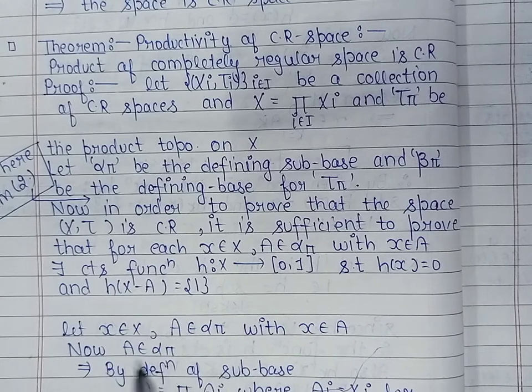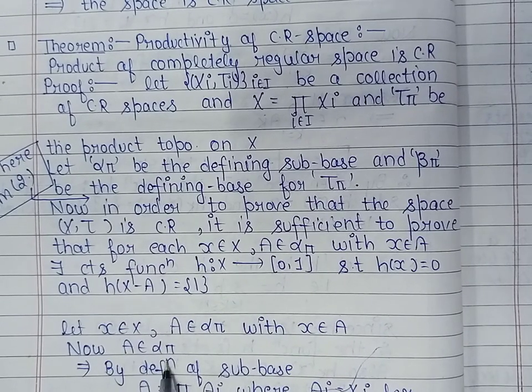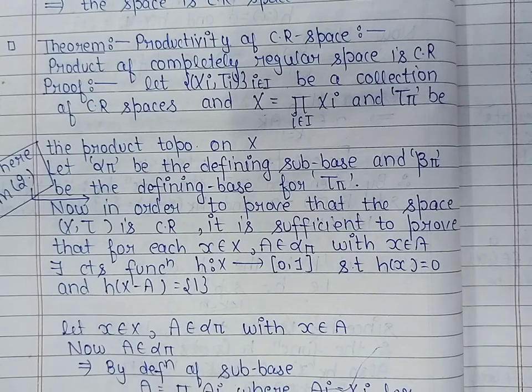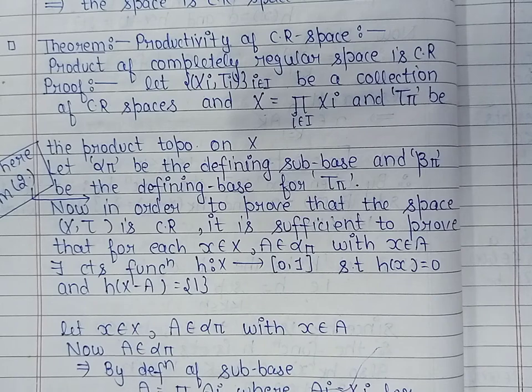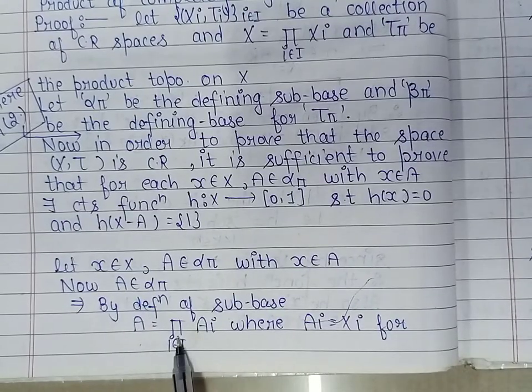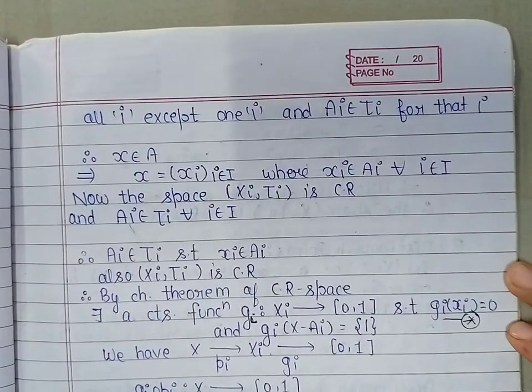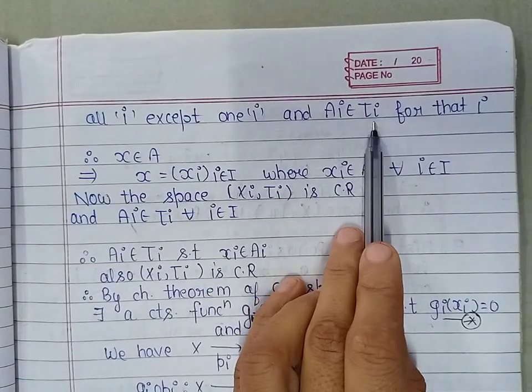Now because A belongs to the defining subbase, by definition of defining subbase, A will be of the form of very special products. It means A will be of the form product of Ai, where Ai is equal to Xi for all except one i, and for that i, Ai belongs to the topology tau i.